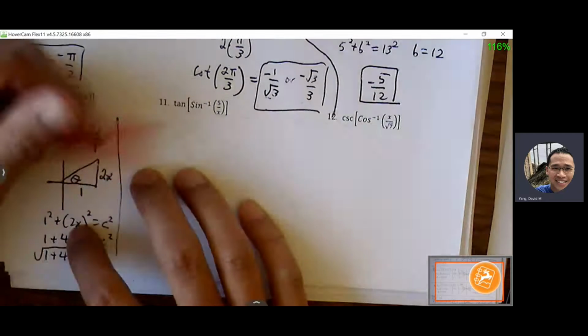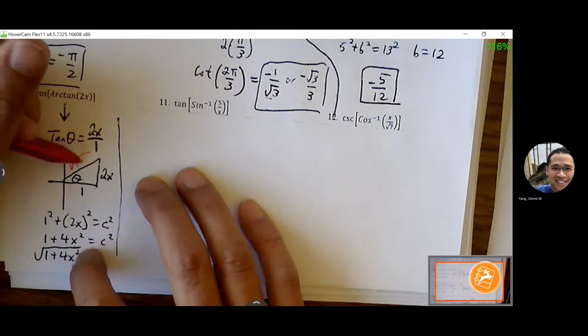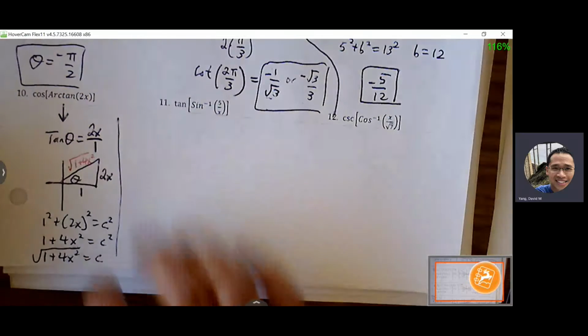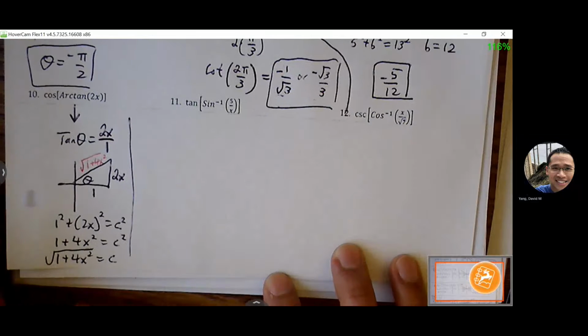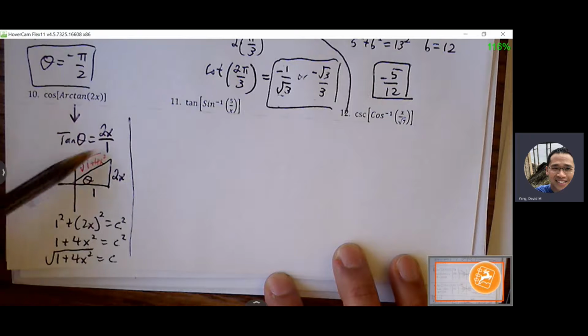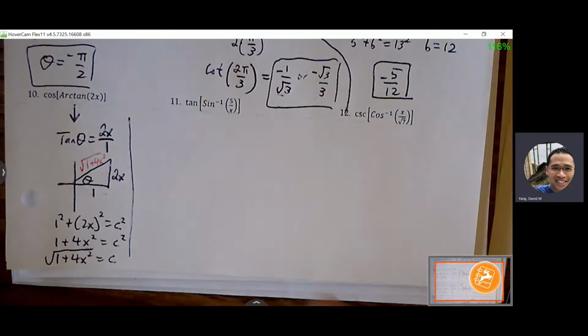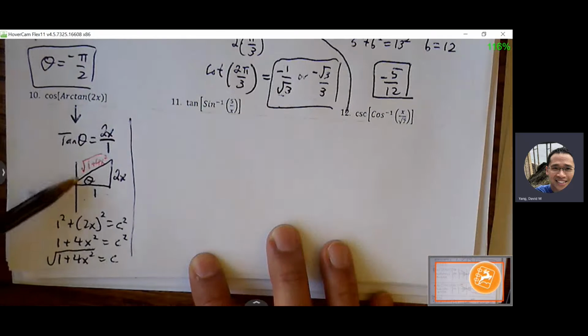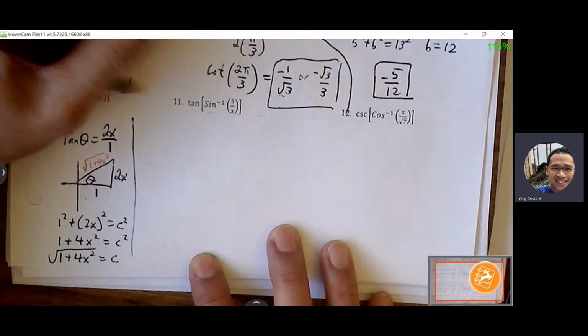So we filled this in here. All right, what's cosine of this resulting theta here? Adjacent over hypotenuse, yeah.